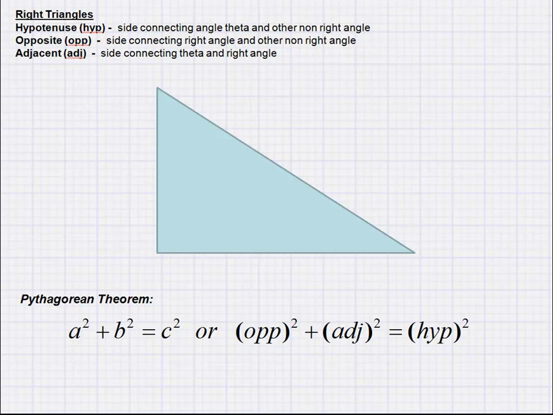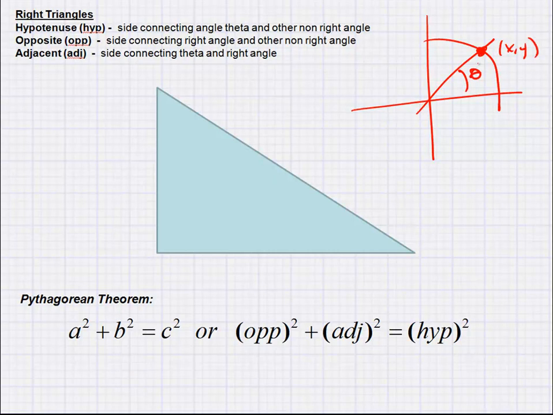The major difference is, when you do a circle, you relate a point on the circle, that point of intersection, to this angle, and that's what the trigonometric functions are doing. They're relating points to angles. So cosine of theta is relating the x-coordinate to theta, or if we use our new definition, x over r to theta.